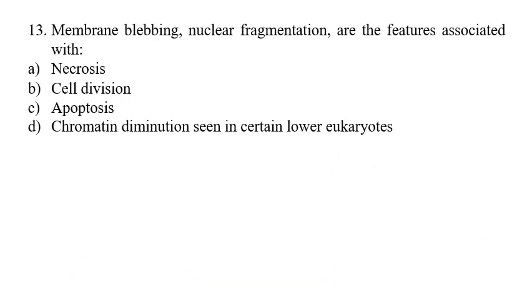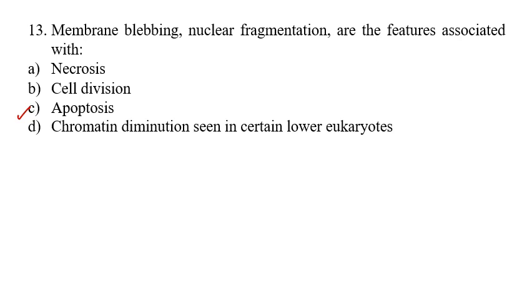Next, membrane blebbing, nuclear fragmentation. These are the features associated with. So these two features are associated with apoptosis. Okay. So blebbing is one of the defining features of apoptosis. During apoptosis, or programmed cell death, the cell cytoskeleton breaks up and causes the membrane to bulge outward.